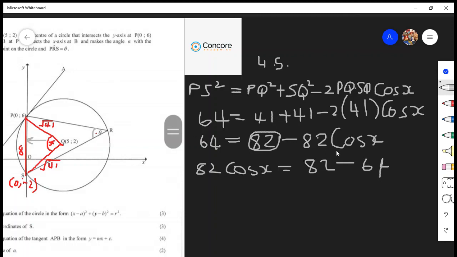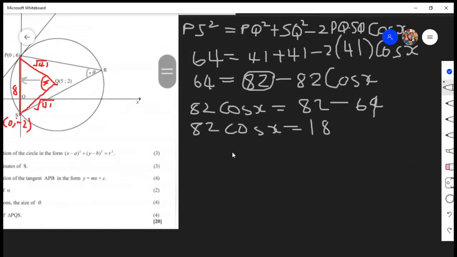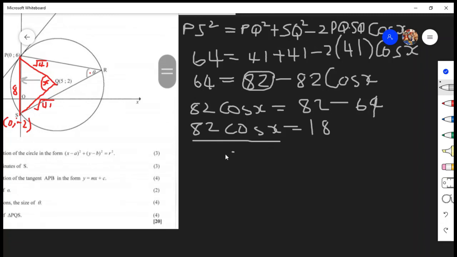Then 82 cos X is equal to, that's going to be 18. Next step is to get rid of the 82, and we've got cos X is equal to 18 over 82, right?